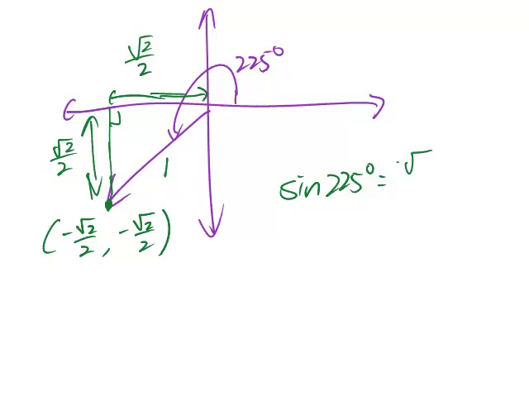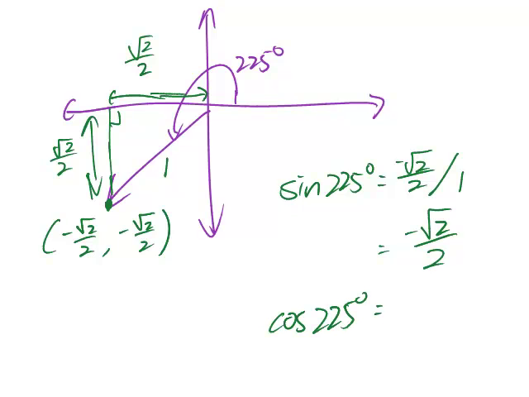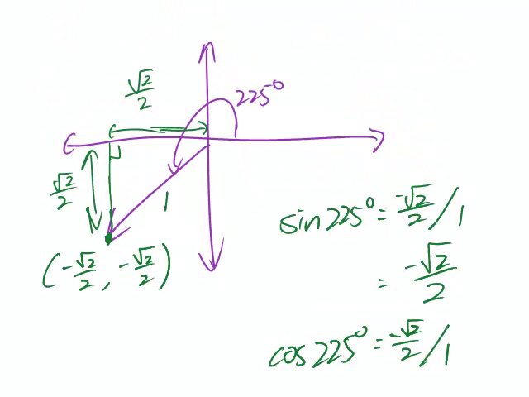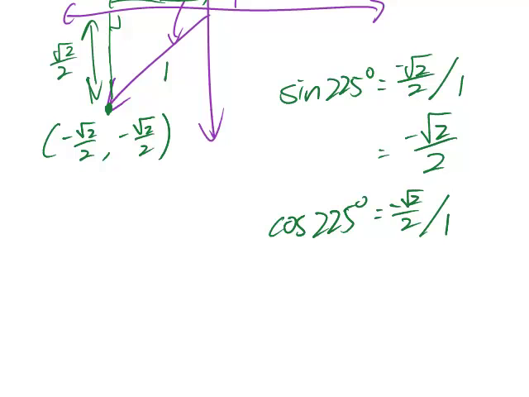So that would be minus root 2 over 2 all over 1, which is just minus root 2 over 2. And the cosine of 225 degrees is minus root 2 over 2, the first coordinate, over 1, which is just minus root 2 over 2. You really can't mess them up in this one because they're the same.